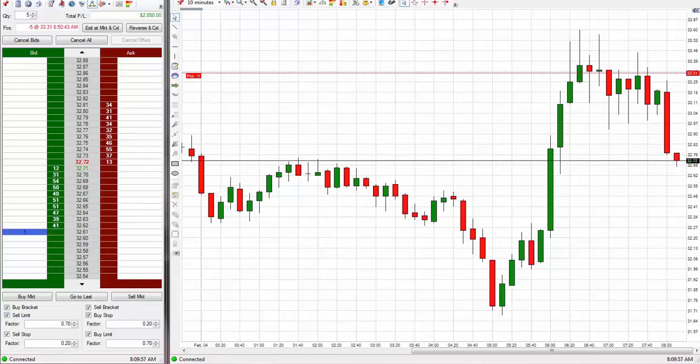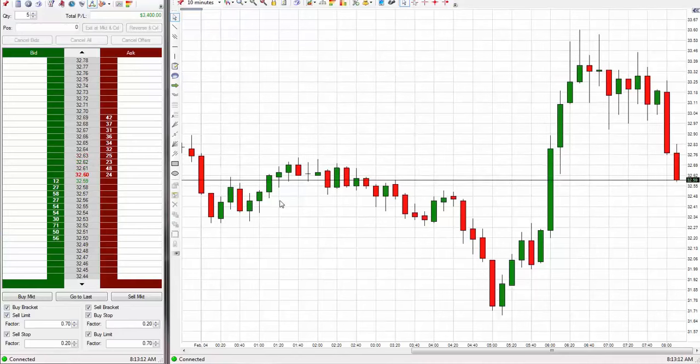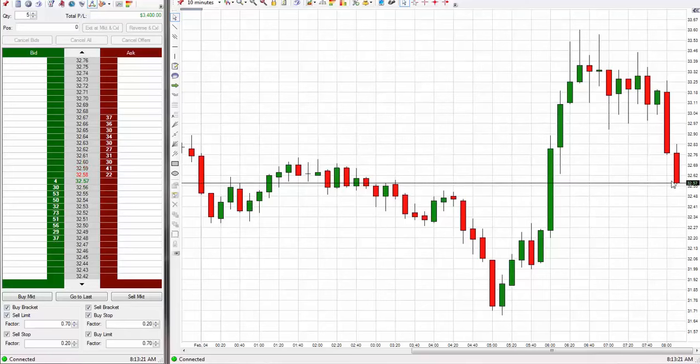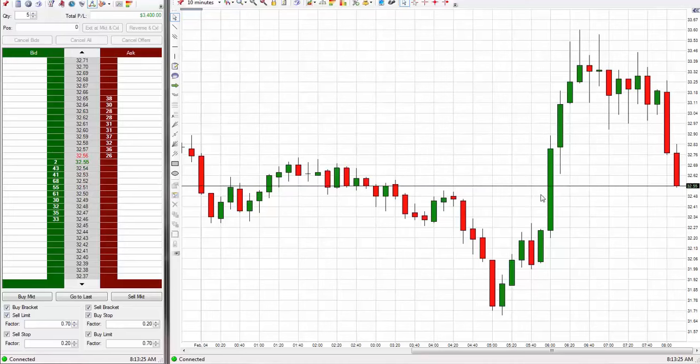Okay, it's really close here. 10 more ticks to go. Okay, I just wanted to come back here very briefly and show that the trade was successful. It made it down the 70 ticks, and so that was another successful trade.